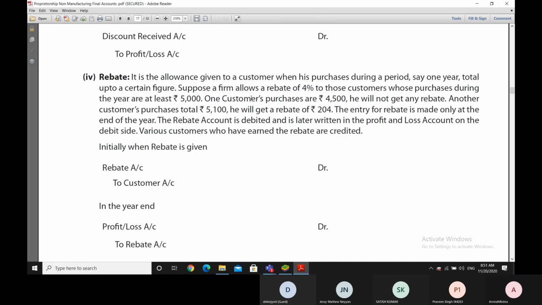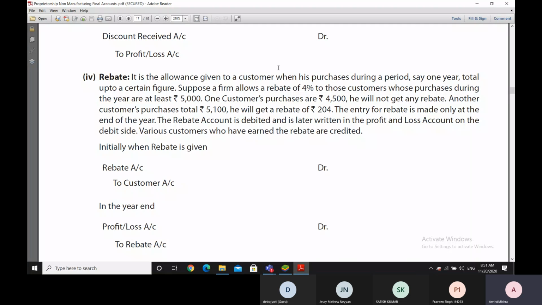Now, the next is the rebate. A rebate is the allowance given to any customer when he makes any purchase during a period, say 1 year, up to a certain figure. So we tell the customer, okay, in this year, if you make so much total purchase, we'll give you this much rebate.